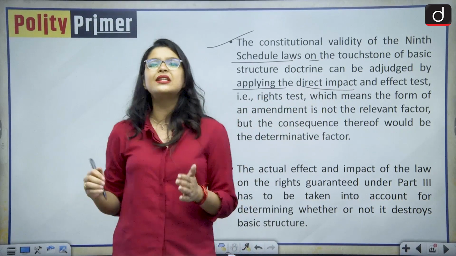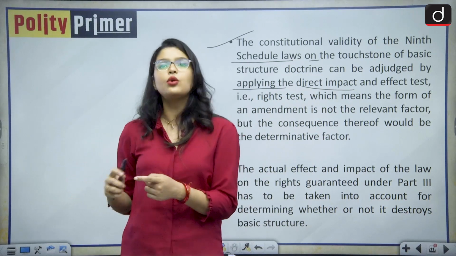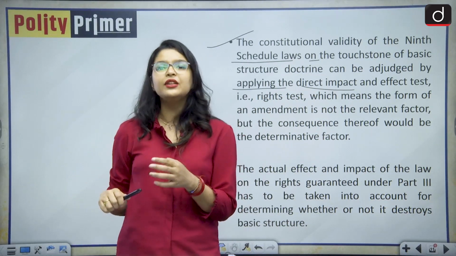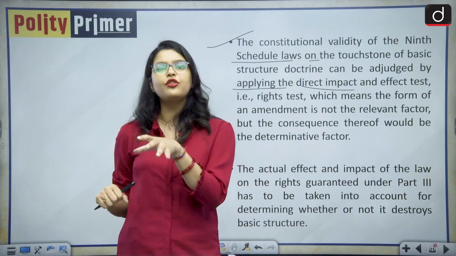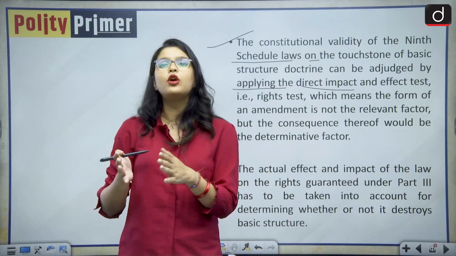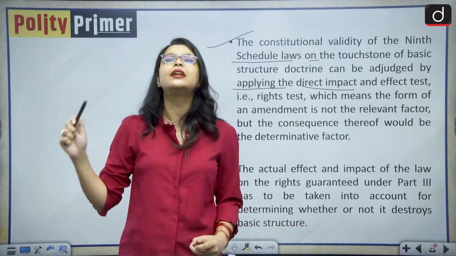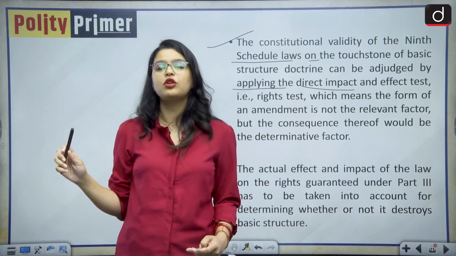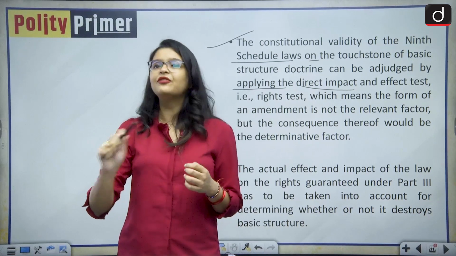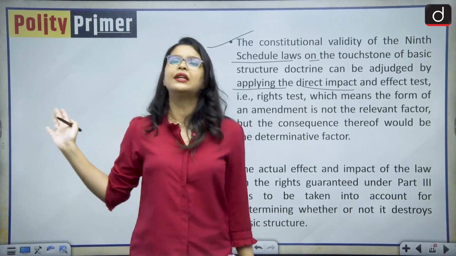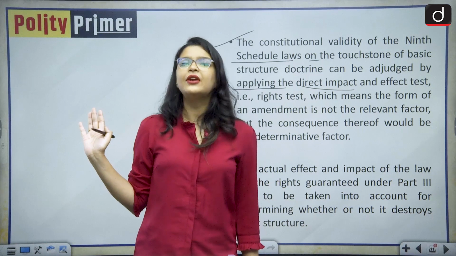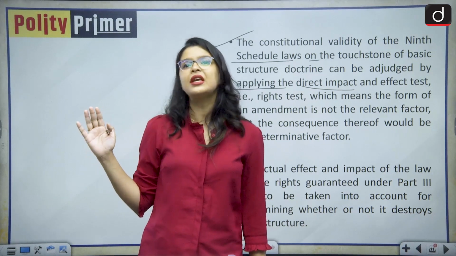So what is this direct impact and effects test? If a law is directly impacting the fundamental rights or the basic structure of the Constitution, the Supreme Court will examine whether it is violating them. If yes, invalid. If no, okay, let it pass. We'll see when it is challenged before us separately.